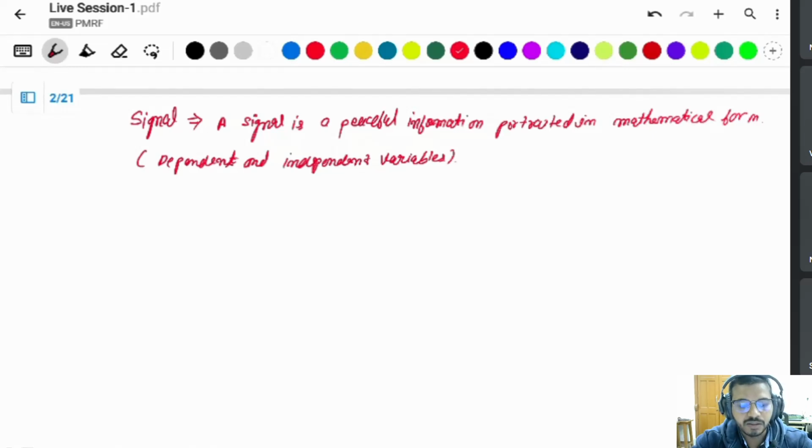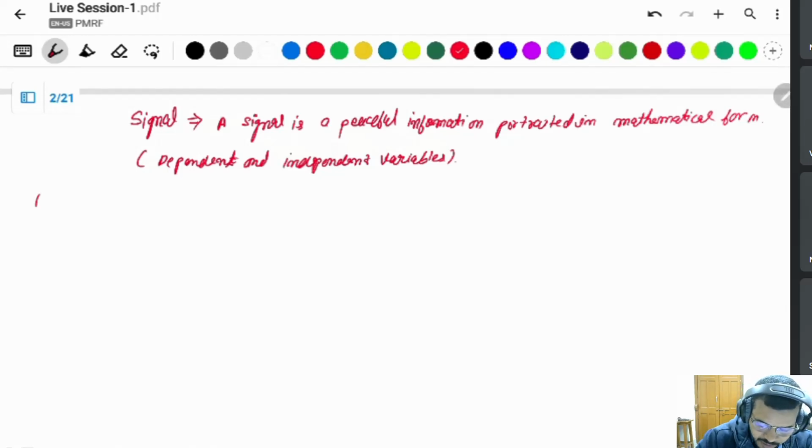like tossing of a coin, throwing of dice, or noise, disturbance. A lot of signals are known as random signals. A deterministic signal means one which you can find or derive in mathematical form.